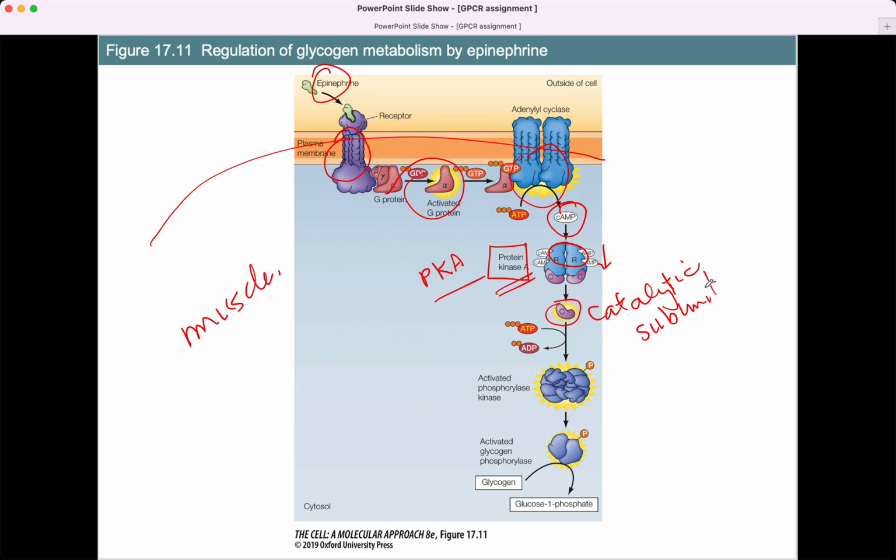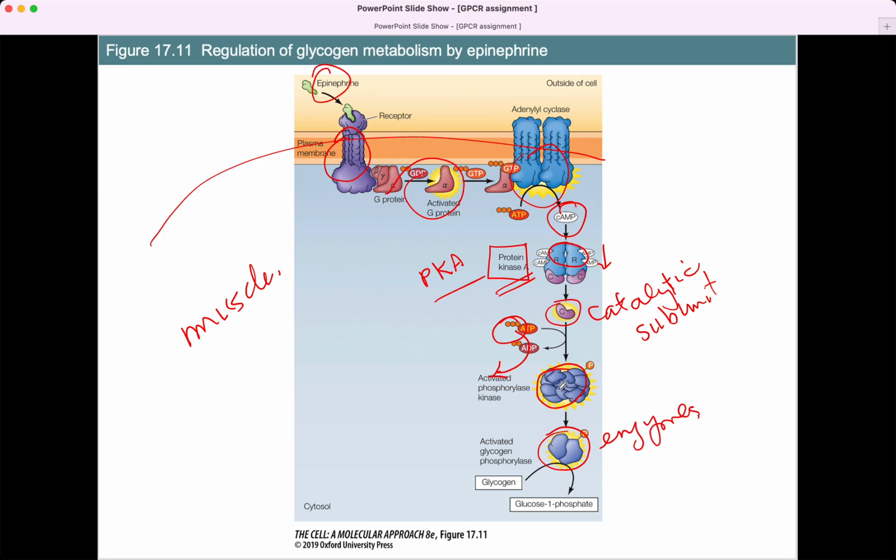It's a full protein. Okay, and that kinase is going to use ATP to catalyze the phosphorylation of target molecules. In this case, it's going to activate another kinase, and the target is an enzyme.